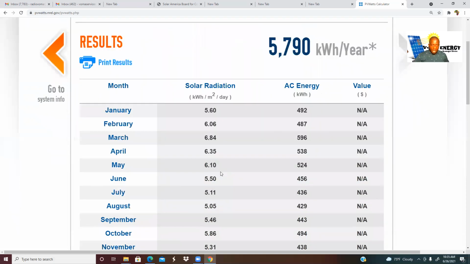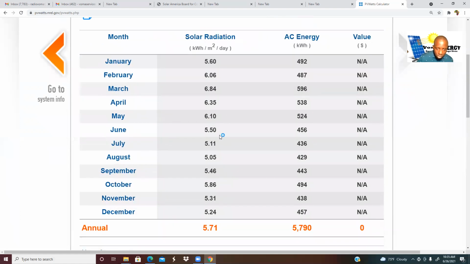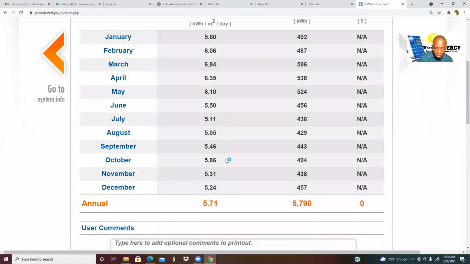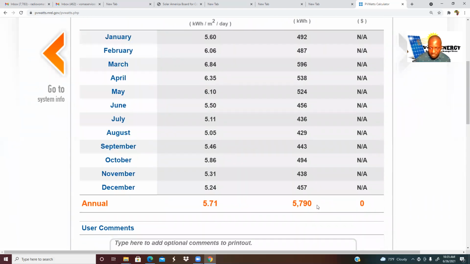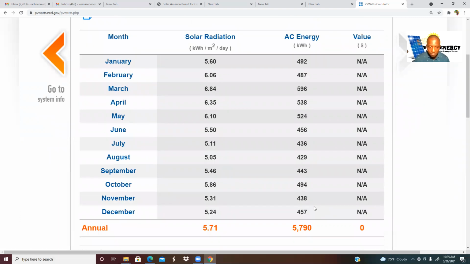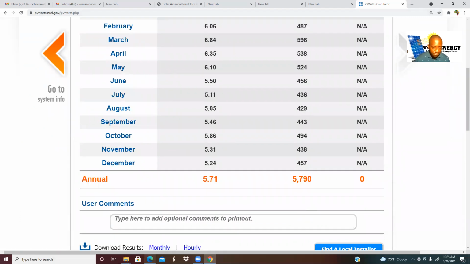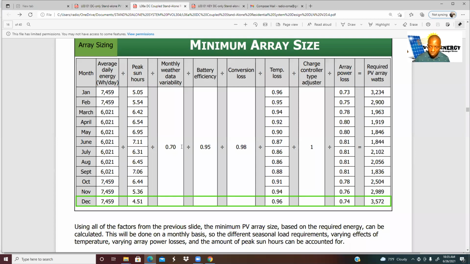How much of a peak sun hour? So they're saying here we have good sun. Sun is always high. Your annual is 5.74, and your AC average will be 505,750. If you look at this example here, the peak sun here is the average daily energy based on their calculation.